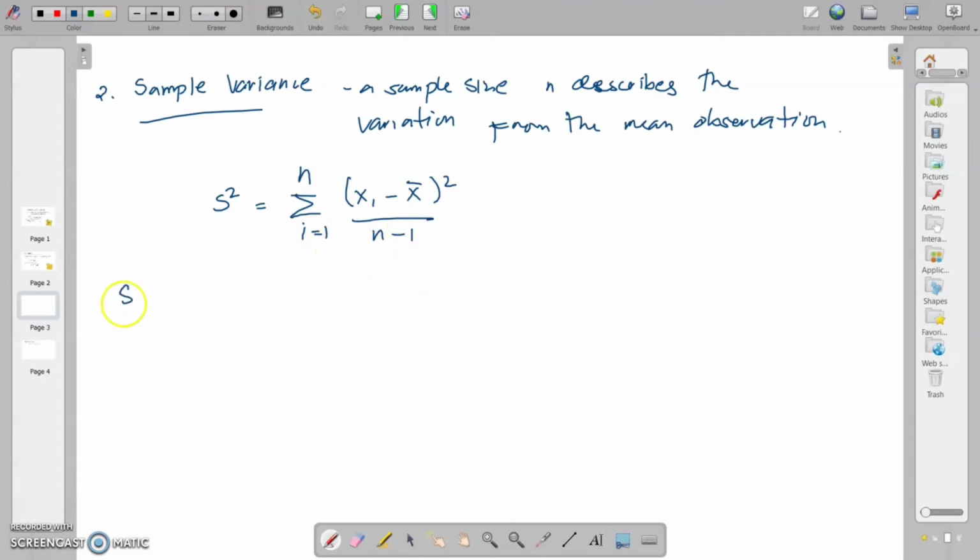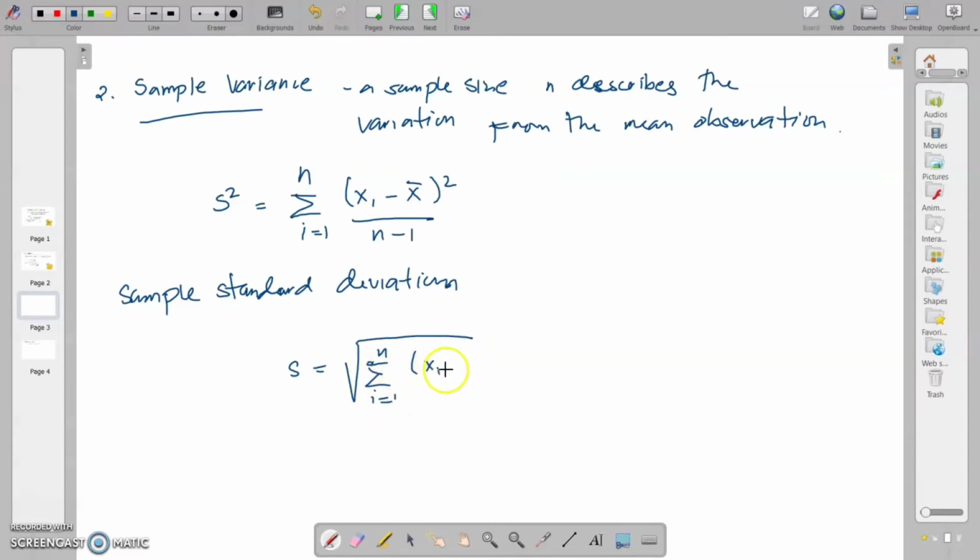For the sample standard deviation, we also just take the square root. So s equals the square root of the summation of i equals 1 to n of the quantity x sub i minus x bar, squared, over n minus 1. So that is the formula for sample variance and deviation.